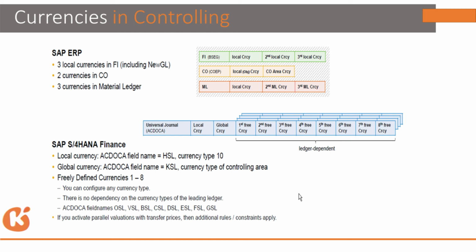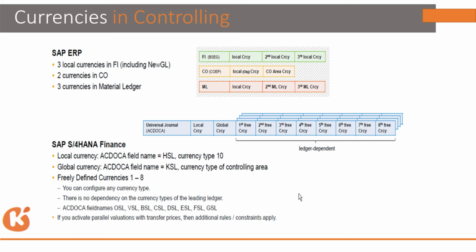So that is a change in currencies in S/4HANA, but that is in FI. But in CO, it remains the same. Still, we'll be using 2 currencies: controlling area currency and object currency. And also in material ledger, we can define maximum 3 currencies. Any question? No question.